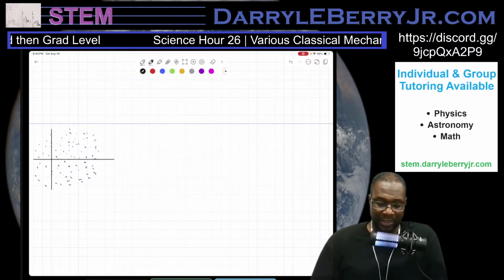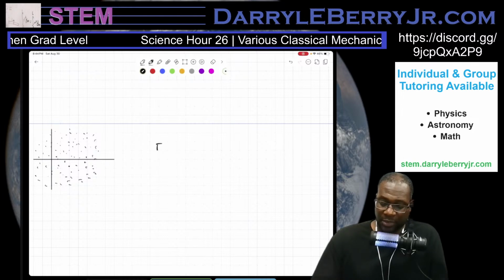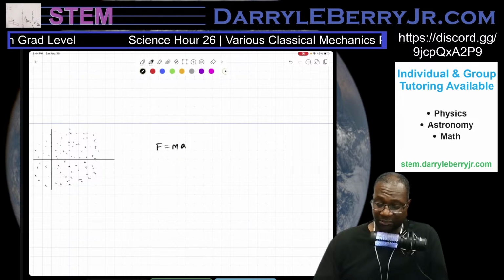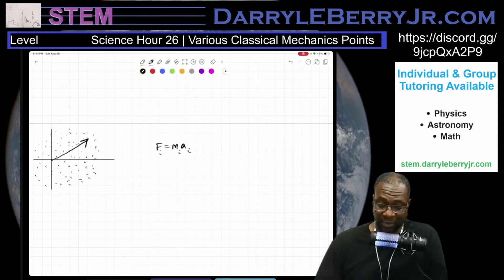So let's say that we have our coordinate system here, and F equals ma, similar to what we did before, except this time it'll be F_i = m_i a_i, and each of these individual particles would have its own force.